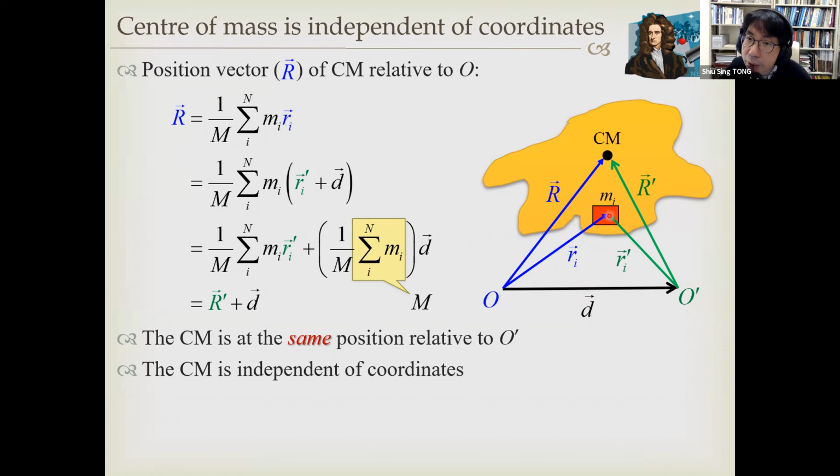For the i-th piece, the mass is m_i. Relative to the original origin O, the position vector of this small piece of mass is r_i. But relative to the new coordinate origin O prime, the position vector is r_i prime. The two vectors are obviously different, okay?